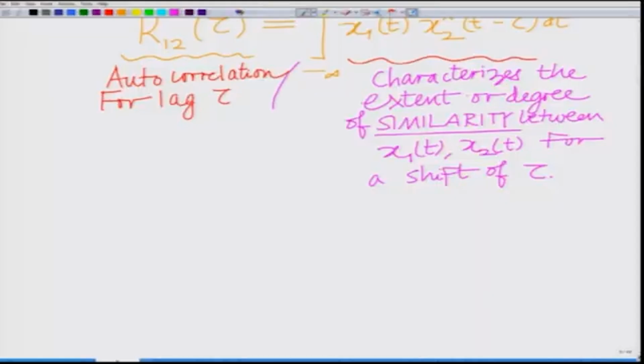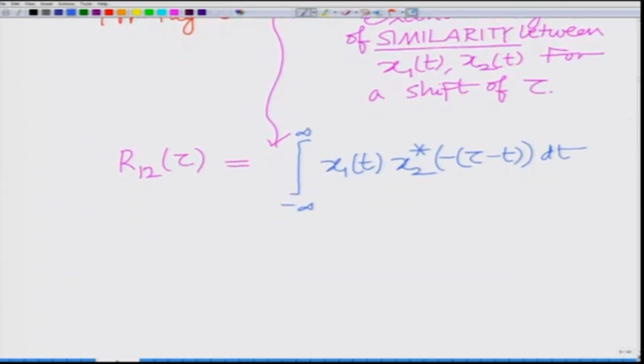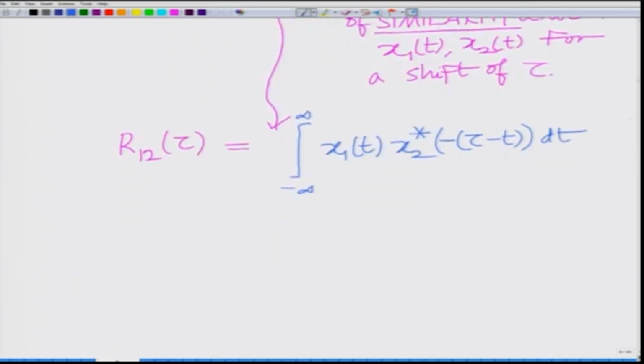Alright. Now, simplify this. We have R12(tau), which we have written as the integral from minus infinity to infinity of x1(t) x2 conjugate (t minus tau). I am going to write this as x2 conjugate (minus (tau minus t)) dt. Now, let us define x2 tilde(t) as x2(minus t).